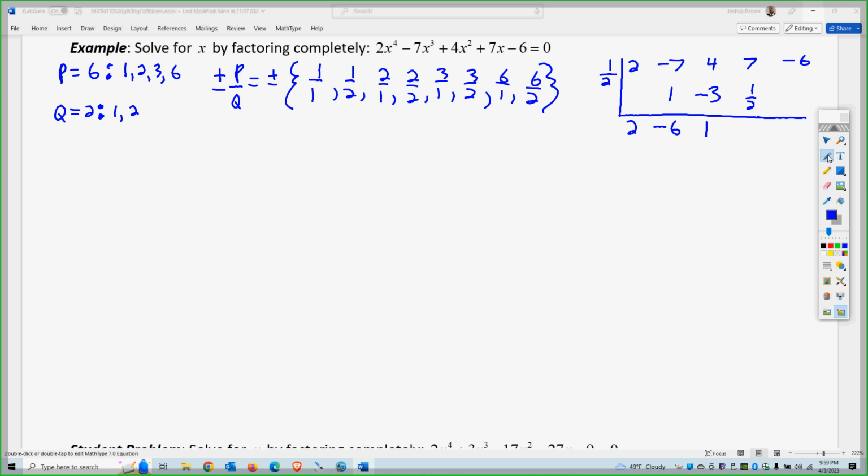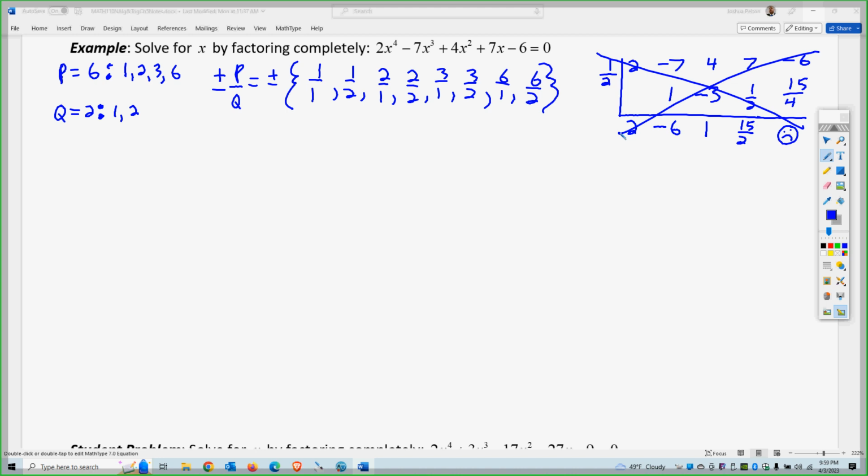If I add, 7/2 is really 14/2, so that's 15/2. If I multiply by 1/2, that's 15/4, which is not going to go in perfectly. So this is not an answer, and we don't care about those. Don't give those to me when you're solving.